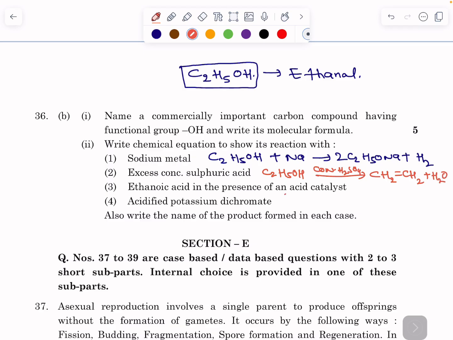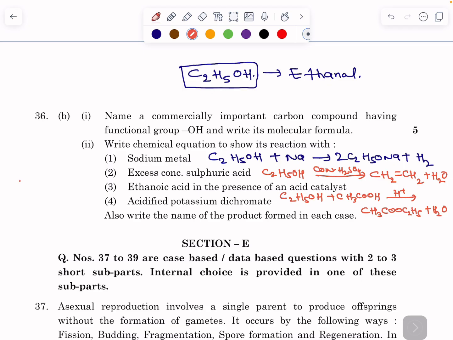Now next, in the third question we have ethanoic acid in the presence of an acid catalyst. Now when ethanol reacts with ethanoic acid, CH3COOH, in the presence of an acid catalyst, this is the reaction of esterification. You will get CH3COOC2H5, along with this, water also formed, right?